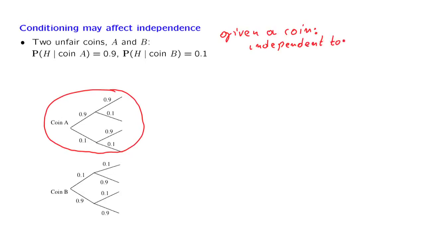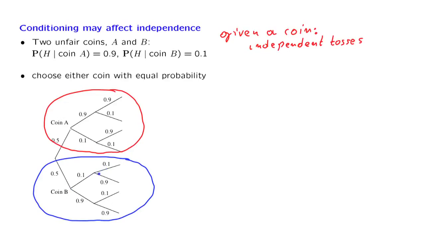This is another way of saying that we're assuming conditional independence. Within this conditional model, coin flips are independent. And the same assumption is made in the other possible conditional universe. This is a universe in which we're dealing with coin B. Once more, we have conditionally independent tosses, and this time the probability of heads at each toss is 0.1.